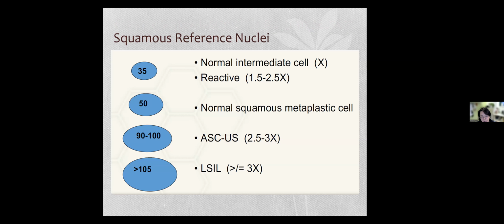This is a chart for the normal. We use the intermediate cell as a reference cell, about 35 in size, and the normal is 50. ASCUS is 2.5 or 3 times bigger than the normal, and low-grade SIL is 3 times bigger.